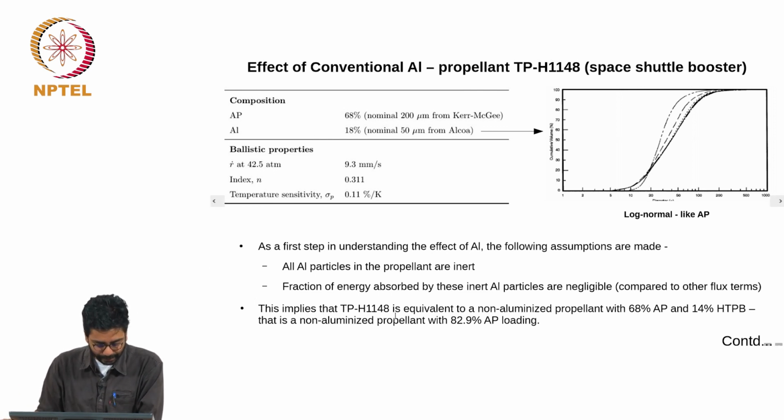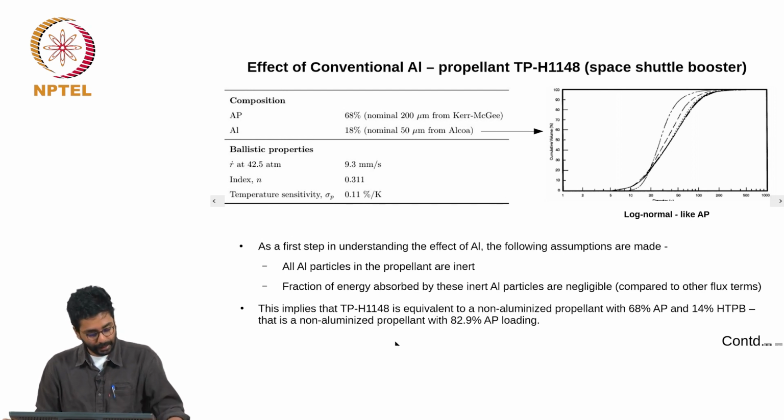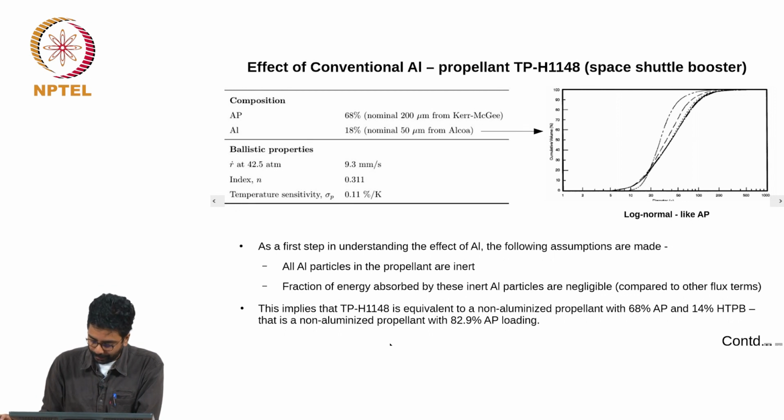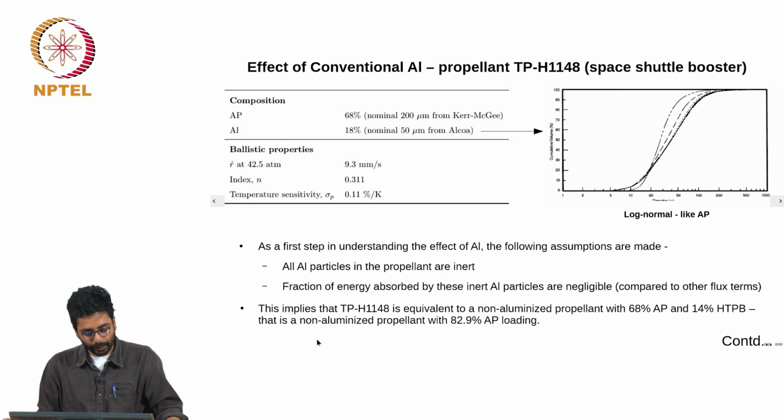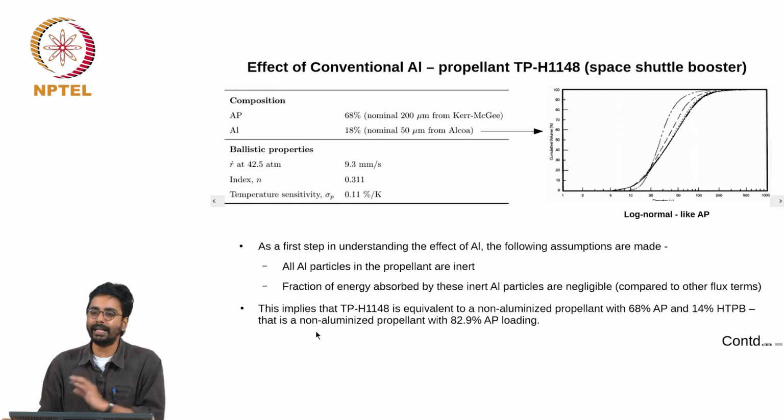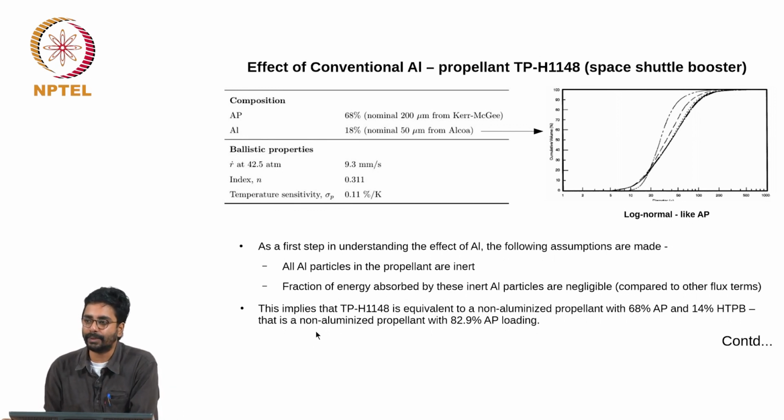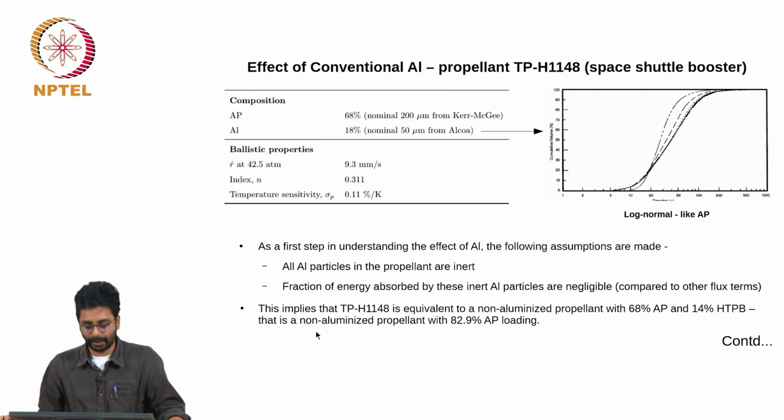This implies that in the space shuttle booster propellant, the propellant itself can be considered equivalent to a non-aluminized propellant with 68% AP and 14% HTPB, which is equivalent to a non-aluminized propellant with 82.9% AP loading. The only extra effect that needs to be accounted for is the energy that is used for heating up and melting of aluminum as it goes through the surface, goes through the condensed phase and into the gas phase.